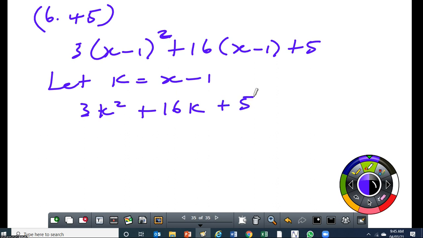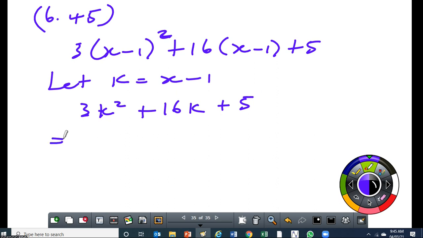Now we have got a trinomial that you are familiar with from last year. Then you can use any method to factorize, including the one that I just showed you. So I'm going to use that. 3 times 5 gives me 15. Which two factors, if I add them, I'll get a positive 16? It's 1 and 15.